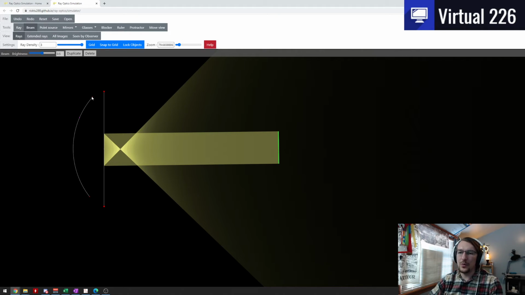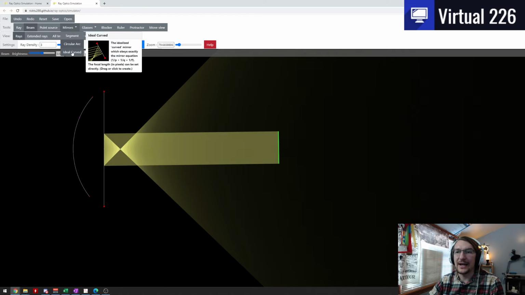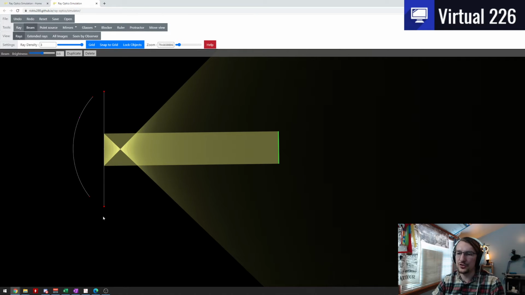And what we have here on the left, this is a spherical mirror, but it's not perfect. So we actually can use an ideal curved mirror, which exactly obeys the laws that we're going to be looking at here, but it just shows up like this. So this straight line here is actually a curved mirror, but it's drawn as a straight line, okay?